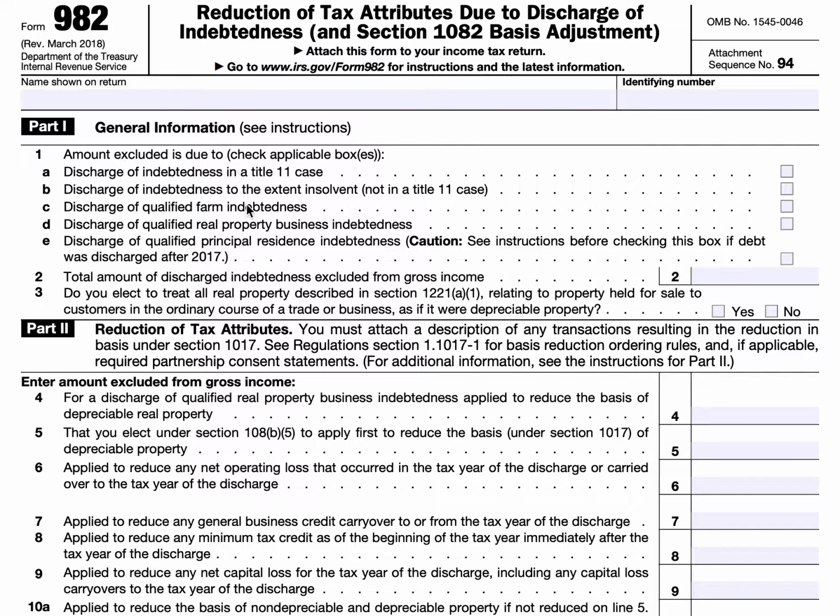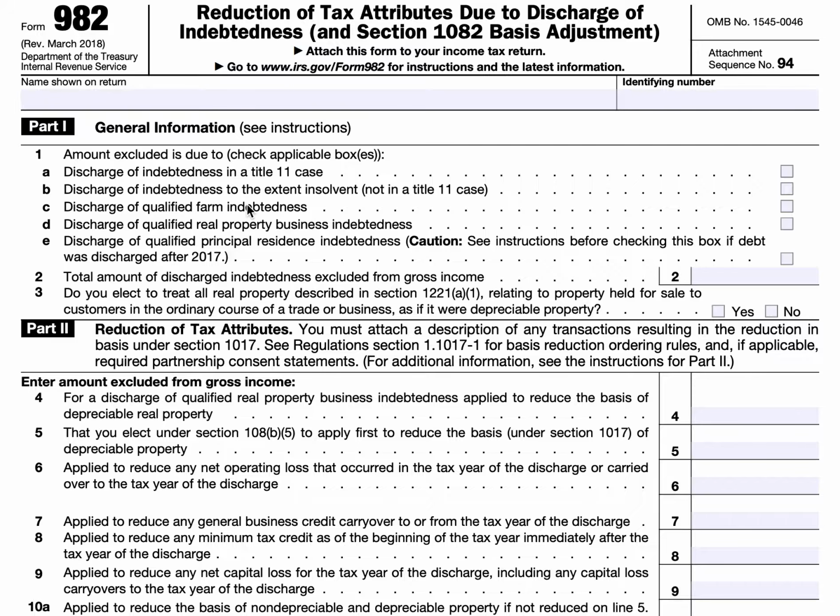So, in part one, line one, you have 5 different boxes that you may choose. If you choose line 1A, this is indebtedness related directly to a Title 11 or Chapter 11 bankruptcy case.